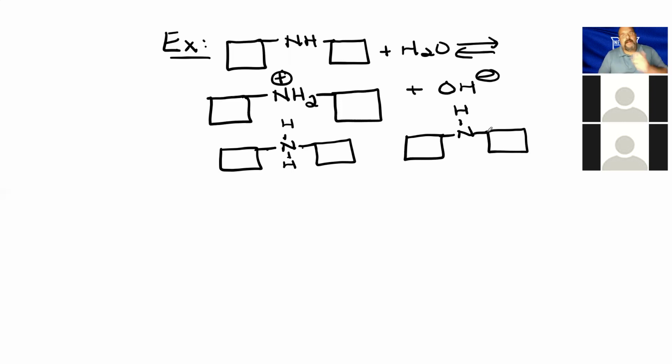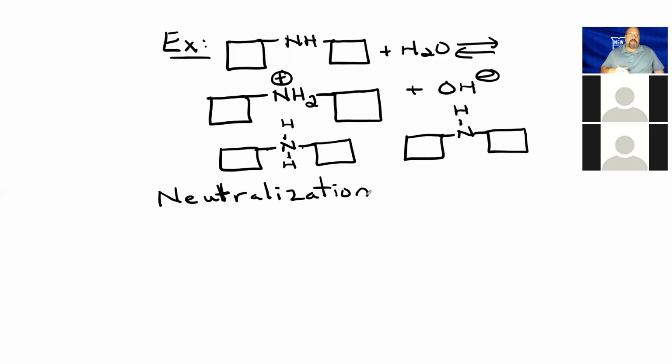All right, so that's the first reaction that amines undergo. The other reaction that amines undergo is neutralization. Now, we saw an example of neutralization when we talked about carboxylic acids.